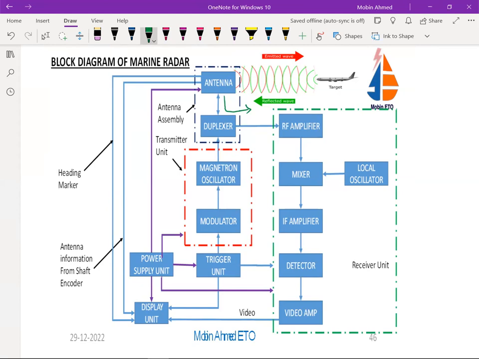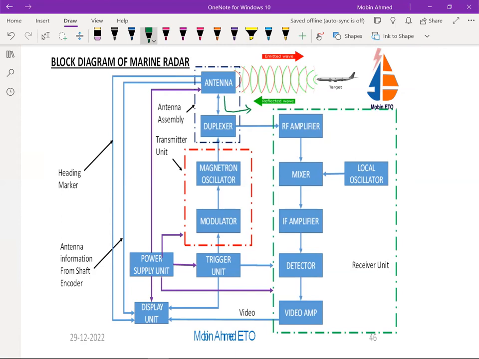So the echo which is coming from the object will be changed into video and it will appear in the display. Now where in the display is it going to appear? Where the sweep is. Now where will the sweep be? Where the antenna is positioned. Remember this one.